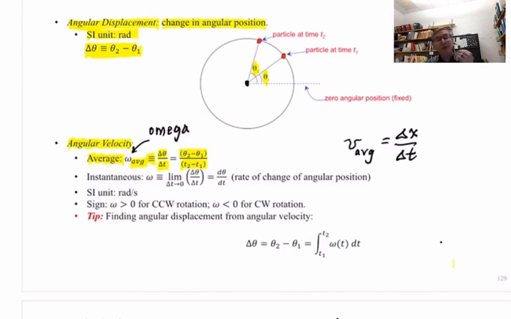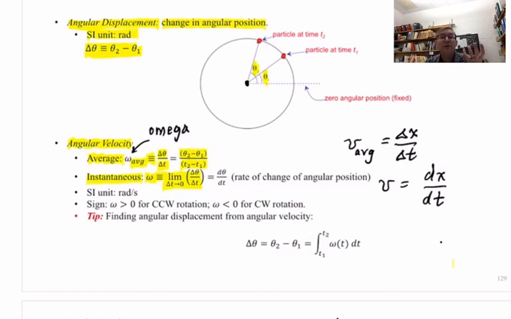But then we had in chapter 2, after average velocity, instantaneous velocity, which was just denoted by the symbol v, and that was the derivative of the x position with respect to time. Instantaneous velocity. Now we're going to have the rotational analog. Instantaneous angular velocity. Symbol, just an omega. Defined to be the limit as the time interval delta t goes to 0 of delta theta over delta t.